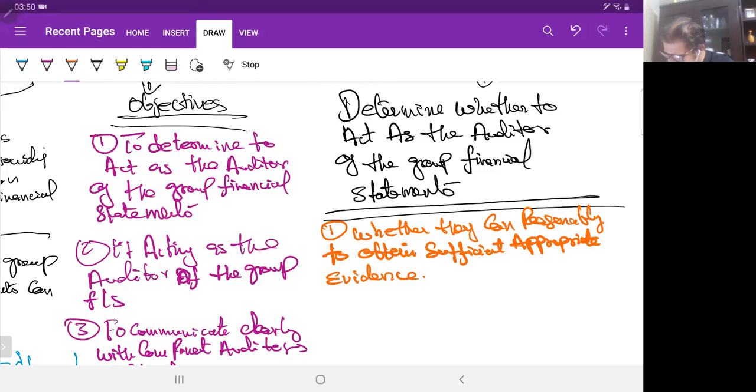And so as part of this process, it is necessary to obtain an understanding of the group, its components and environment of the components in order to identify significant components of the group, right?